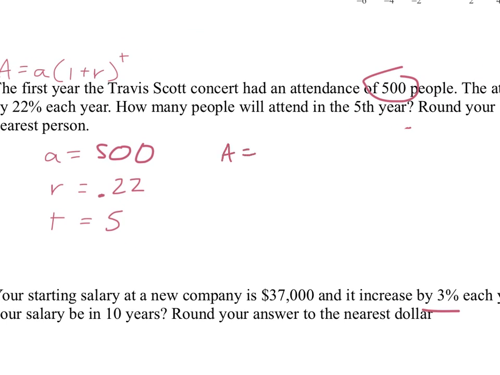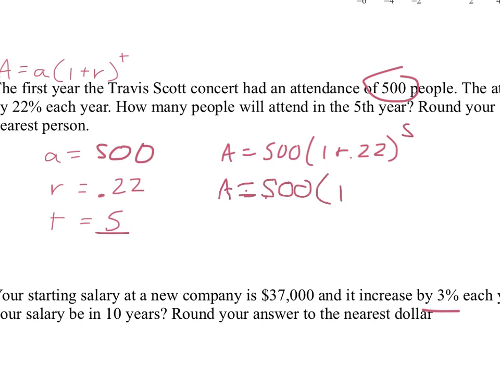So we're just going to plug everything into our formula. So we have 500 times 1 plus 0.22 raised to the 5th power, because our time was 5. So we have to add what's in our parentheses first. So 1.22 raised to the 5th power.